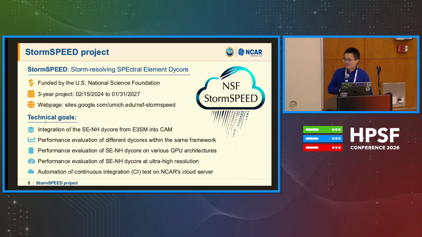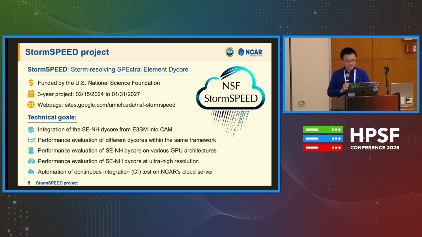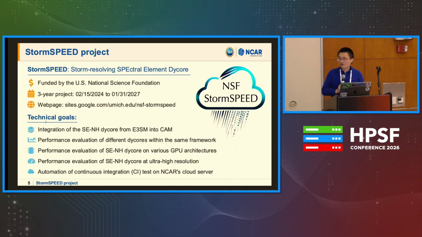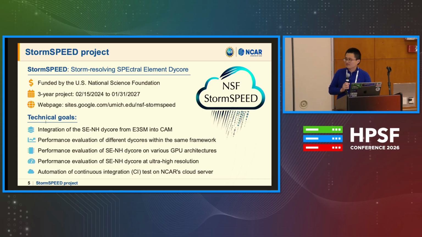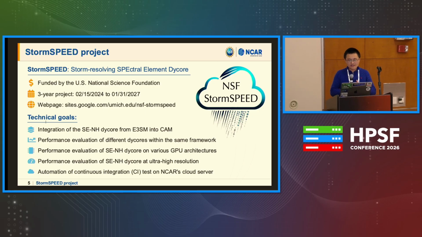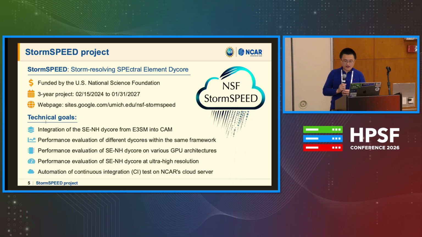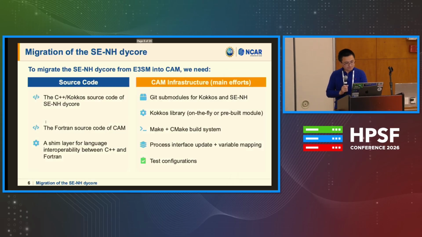One thing I really want to highlight, which I think is also an important component of this conference, is that we adopted automation of CI tests on our internal cloud server that has both CPU and GPU available. I feel like it has really helped us a lot to maintain our software development during the cycles.